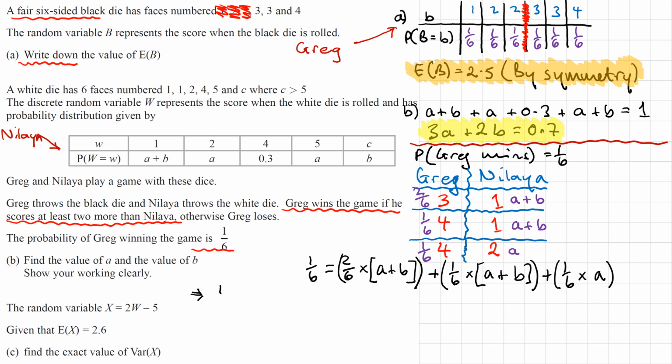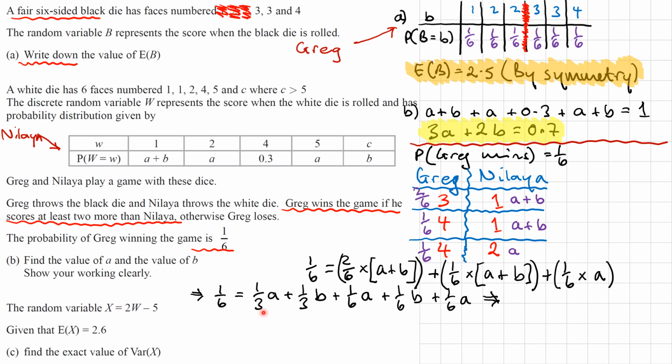So you've got 1/6 is equal to, and then if I expand the brackets, I write this 2 over 6 as a third, I will have a third A plus a third B. Then from the second bracket, I will have plus 1/6 A plus 1/6 B plus 1/6 A.